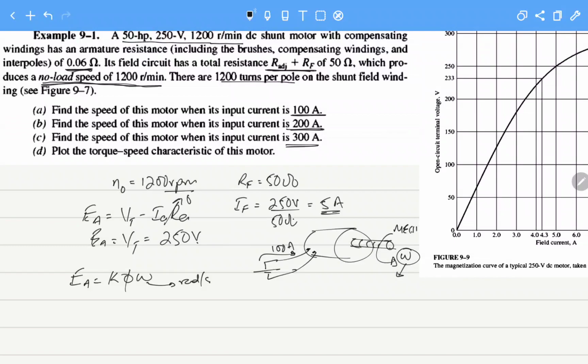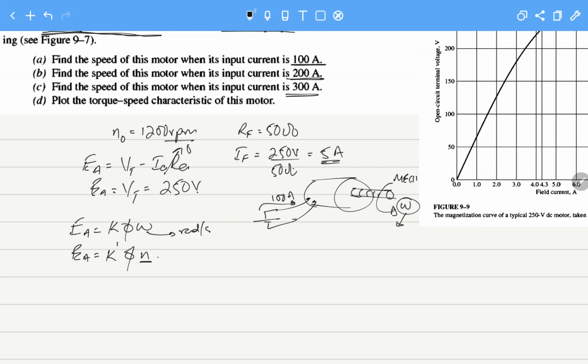Or we can apply the conversion ratio to the same formula, so it can be written like this. I have just applied the conversion to this formula, and now I am using the speed in RPM.